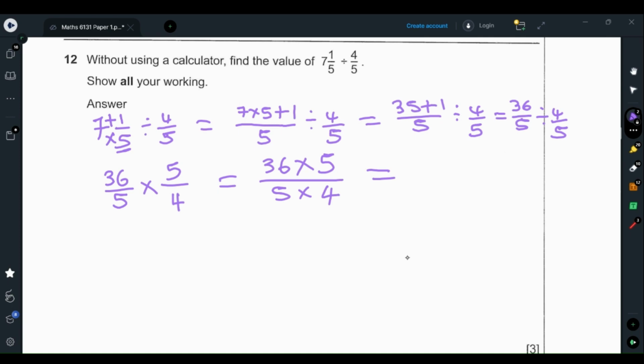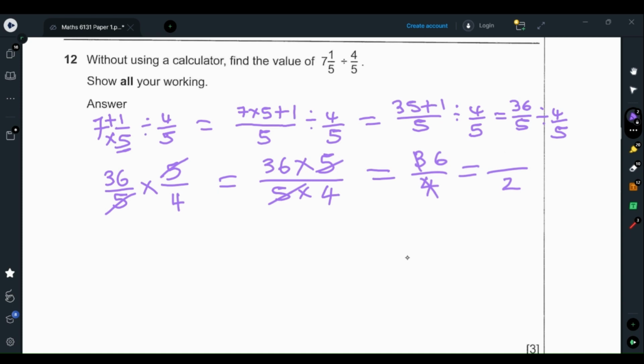Okay, so this becomes 5 and 5 cancel. So I'm just left with 36 over 4. So I could say how many times does 2 go into 4? That's 2 times. How many times does 2 go into 36? Would say 2 in 3 is how many times?